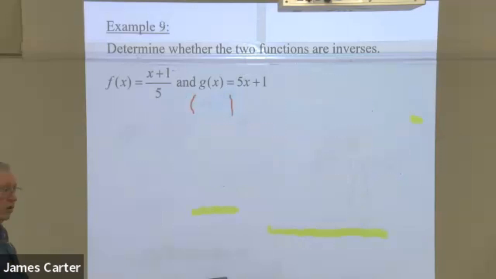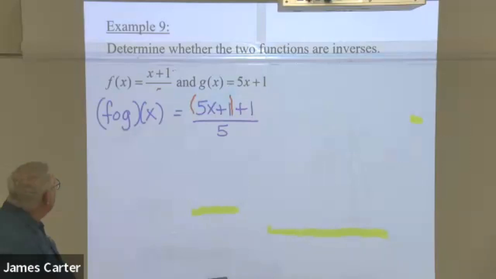Okay, here are two more. Same process. By the way, look at the shape of this one and look at the shape of that one. Well, let's do F compose G, so we'll put this into that. There's supposed to be a 5 right there.